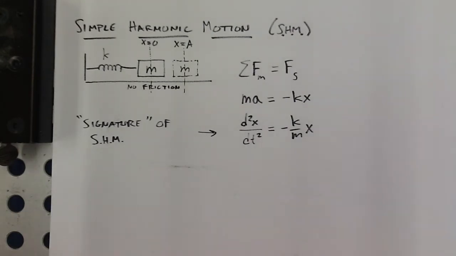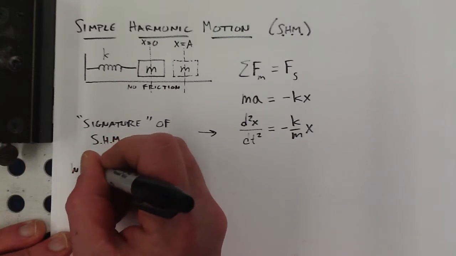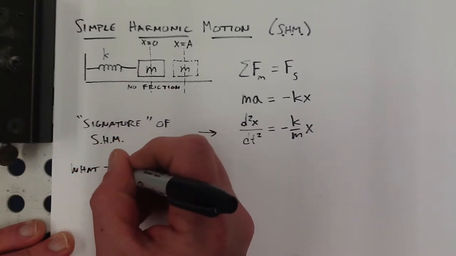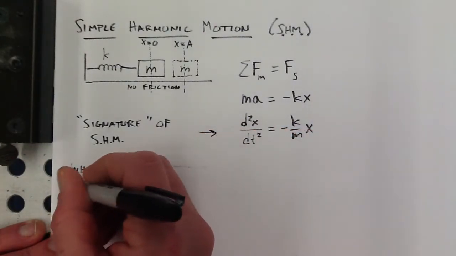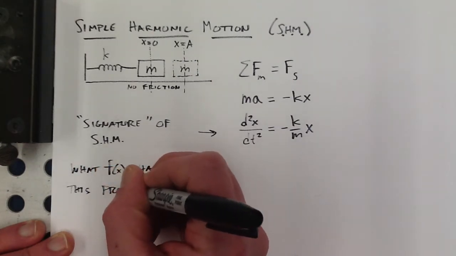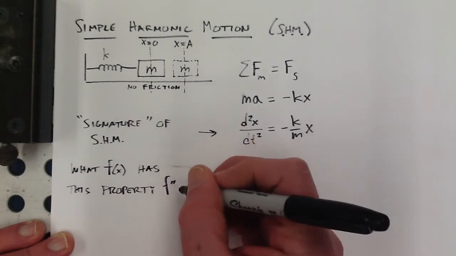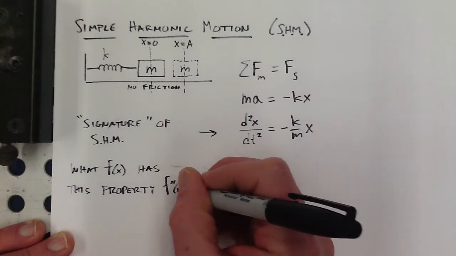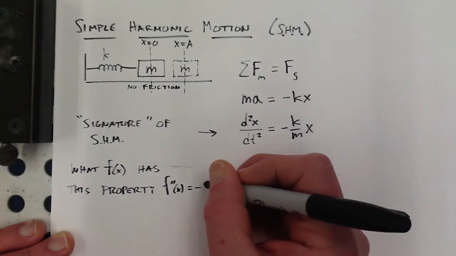All right. So why is that the signature? What's the big deal? Well, from a calculus point of view, what function has this property that the second derivative of it is equal to some constant?